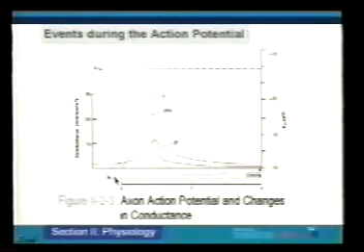Now, we'll do the same thing with potassium. Under resting conditions, we have a small force on potassium. When we go through the depolarization phase, we are getting further away from the potassium equilibrium potential. Therefore, we are increasing the force on potassium.